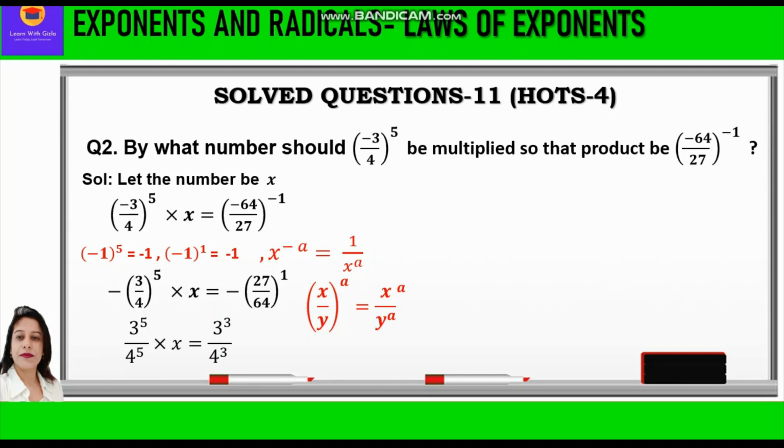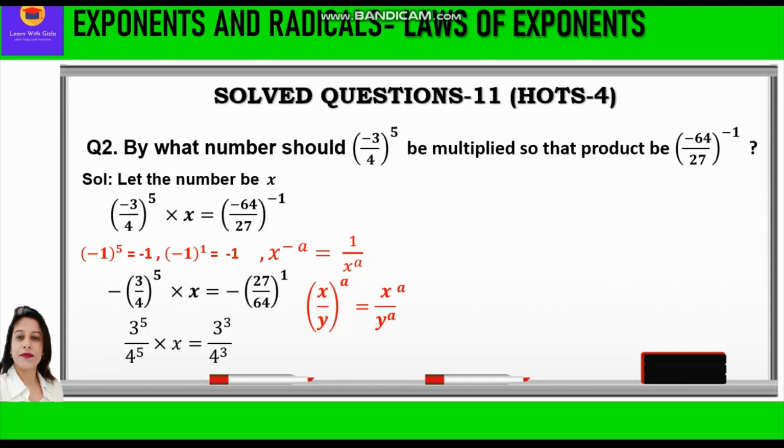So in the next step my minus sign will not come, and further 27 can be written as 3 cube and 64 can be written as 4 cube. So now first of all we shall distribute 5 between numerator and denominator. So we shall write 3 raised to power 5 upon 4 raised to power 5 into x, which is equal to 3 cube upon 4 cube. That is, 27 is written as 3 cube and 64 is written as 4 cube.